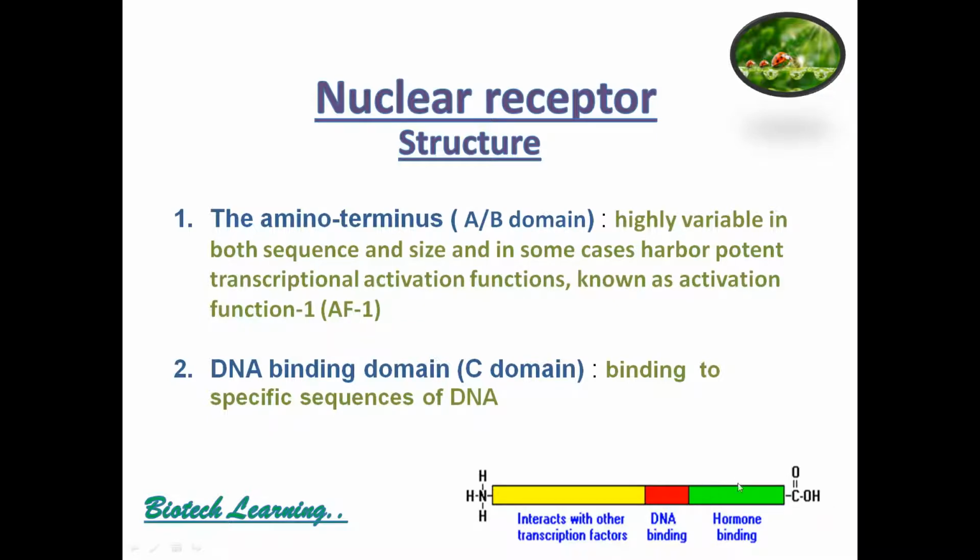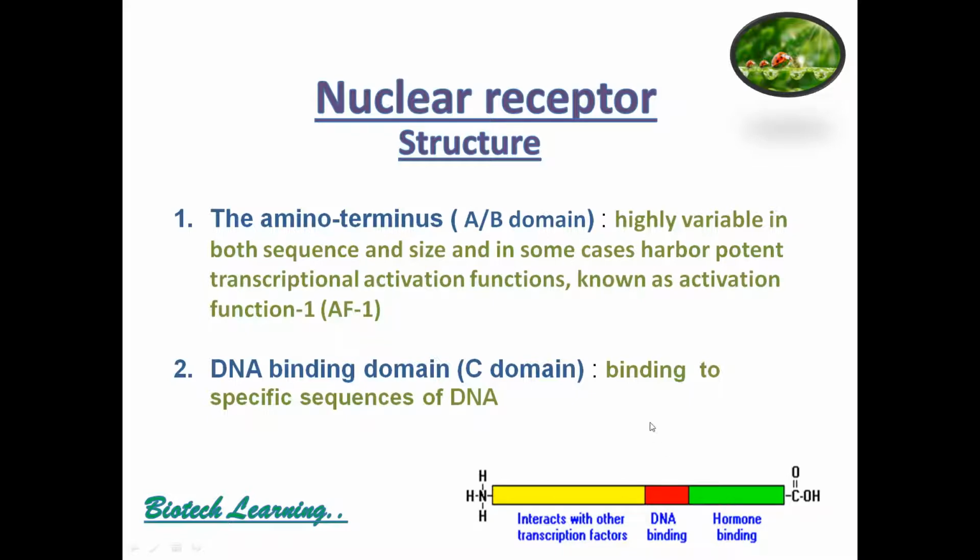So it has a hormone binding site. And the effect of this receptor-hormone complex will be directly on the DNA, so of course it has a DNA binding site. This domain is called the A/B domain, and this is called the C domain. And then you have D, E, F domains, which are not mentioned here.